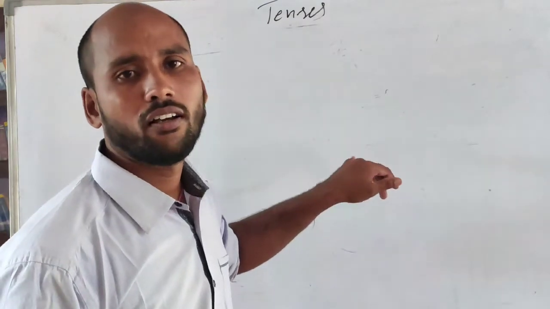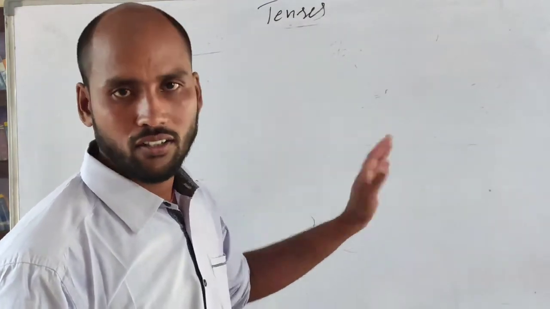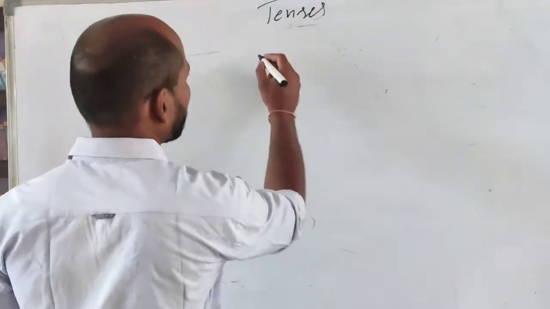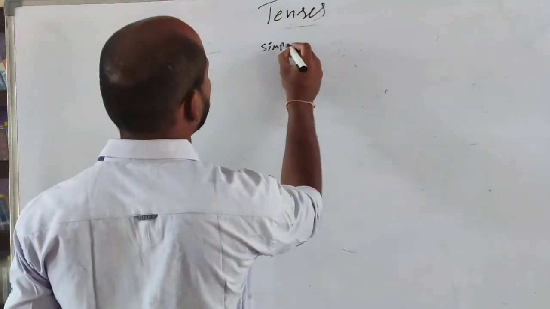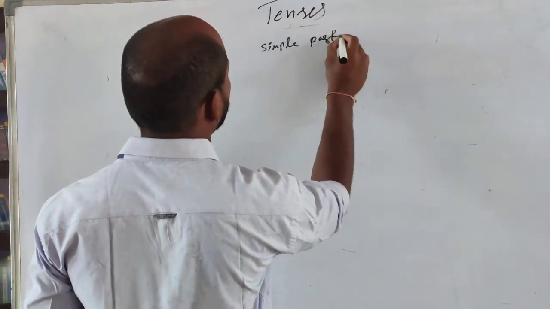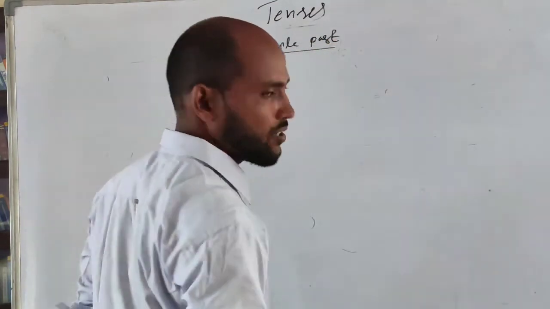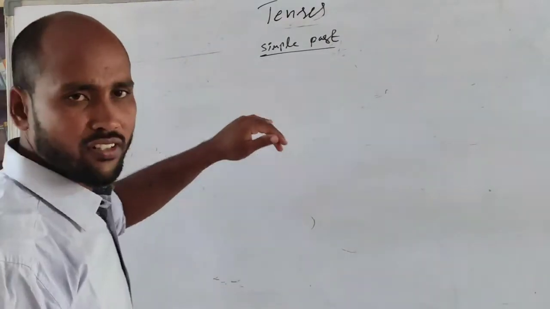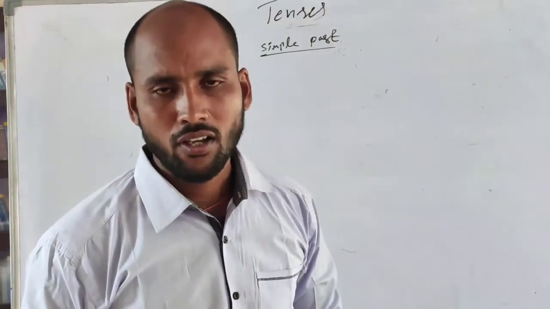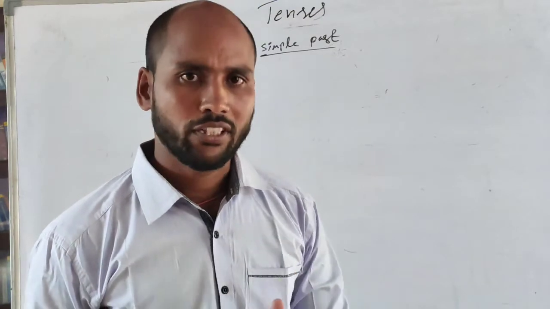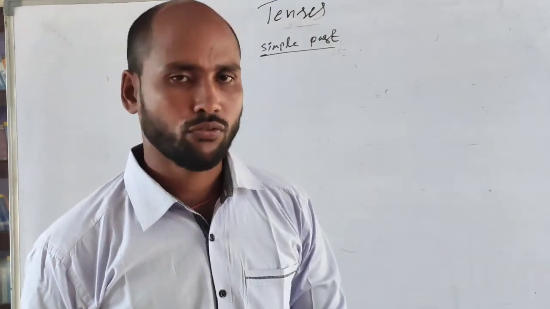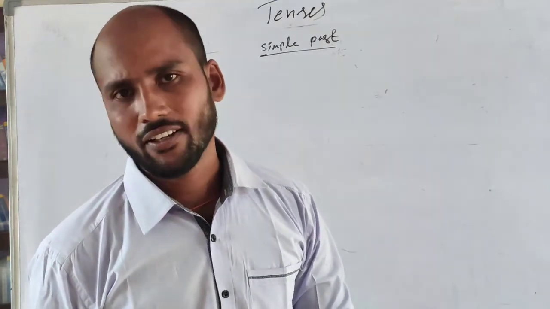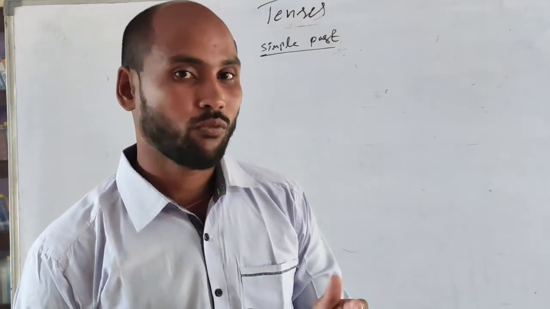After simple present tense, I describe simple past tense. First, I describe the definition and give the structures for formation of sentences, and lastly I give the identification words. Why do I give the identification words?